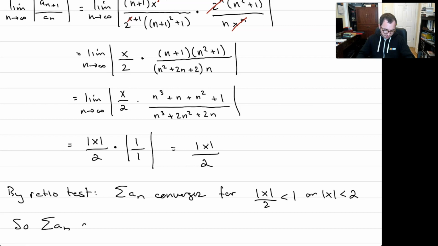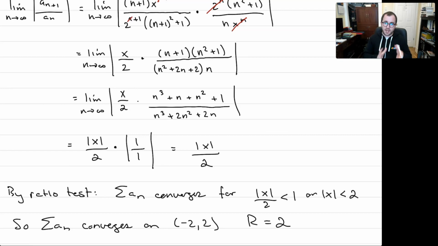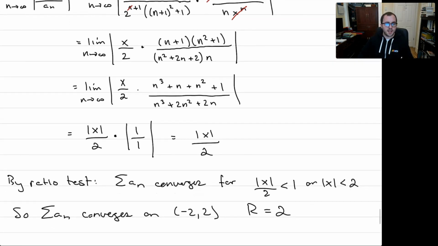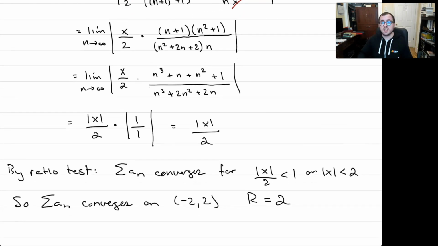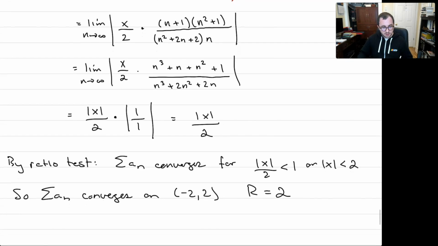So this series converges on (-2, 2). The radius of convergence is 2. It's centered at 0 because it's the absolute value of x minus 0, and for any absolute value of x less than 2, it converges. So the radius of convergence is 2, and this is an interval on which the series is guaranteed to converge. In order to see the complete interval of convergence, we need to check the endpoints.